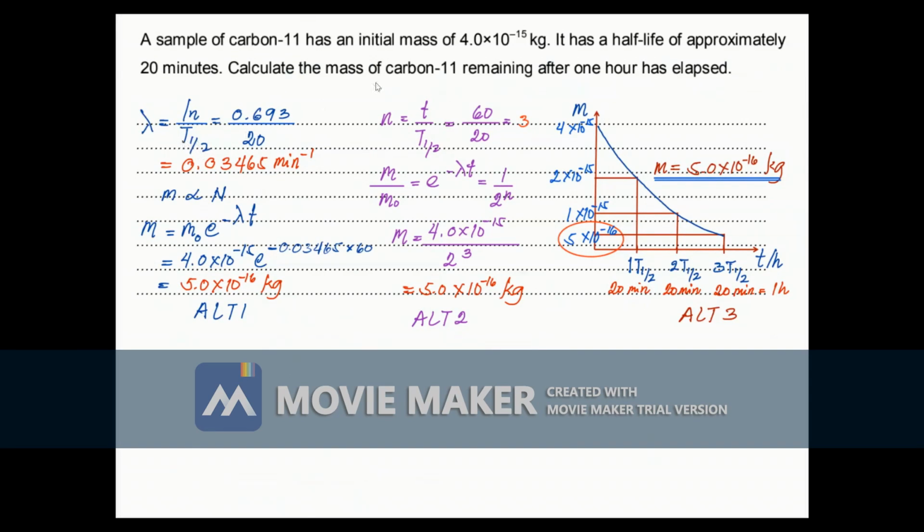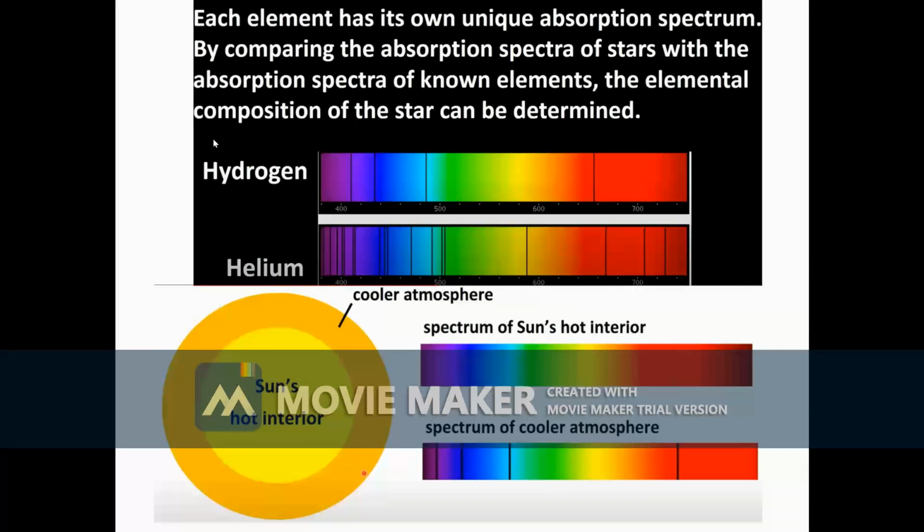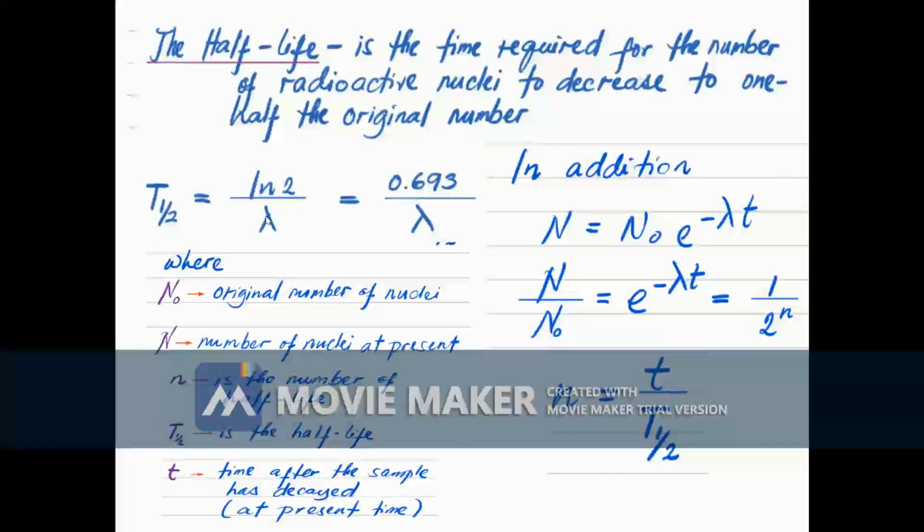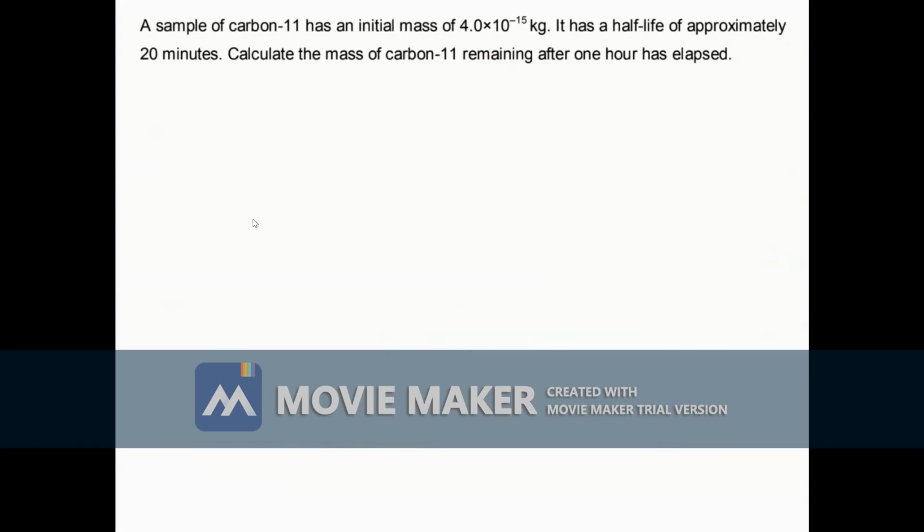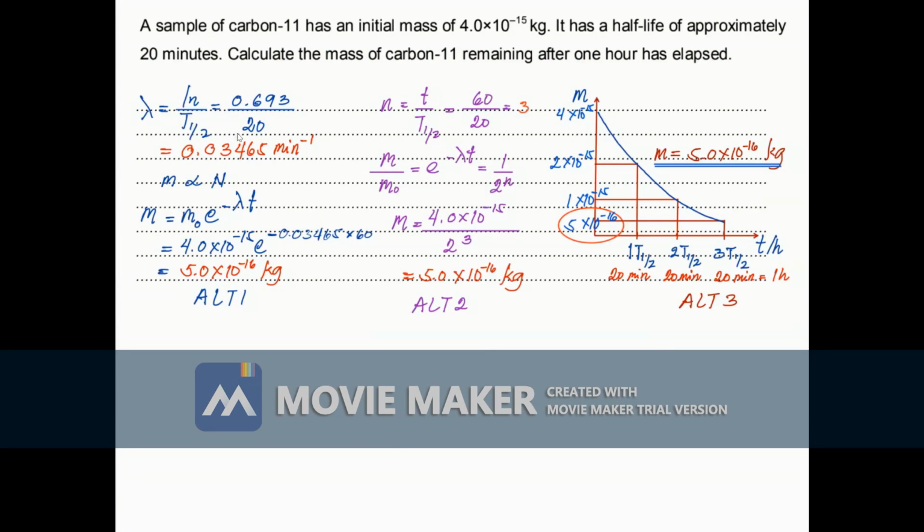So the first solution involves the half-life formula that I showed you. We just have to rearrange the values so that, given the half-life, and knowing the natural logarithm of 2, we can easily calculate the decay constant, which is this value.